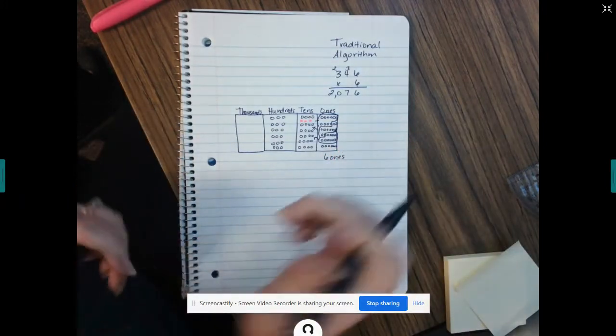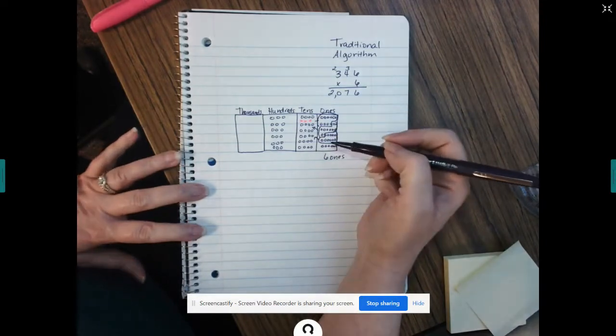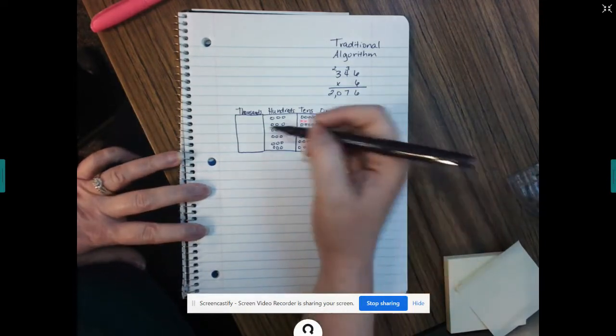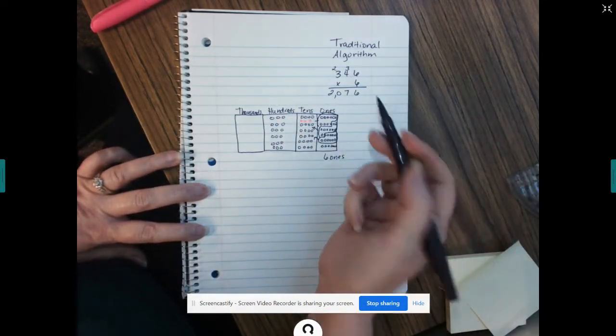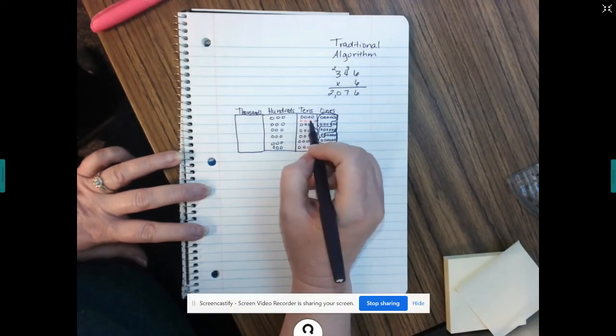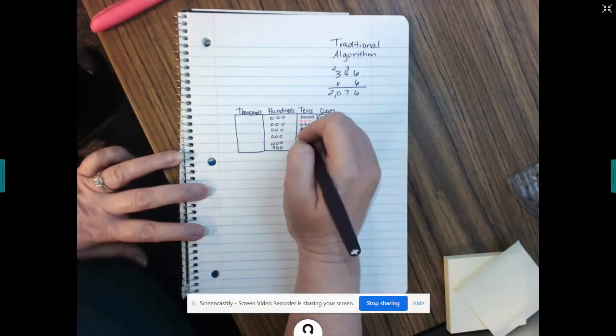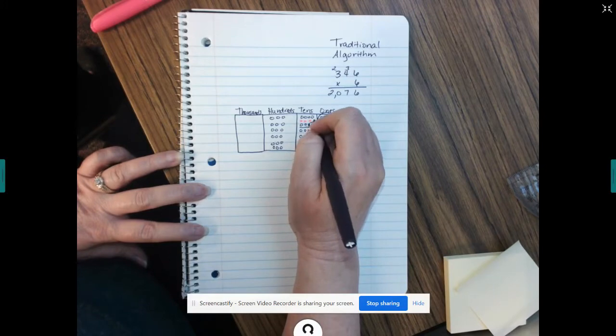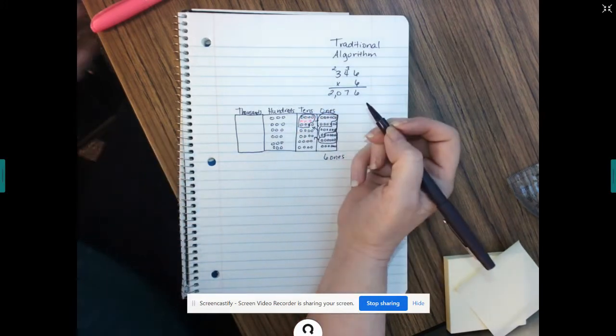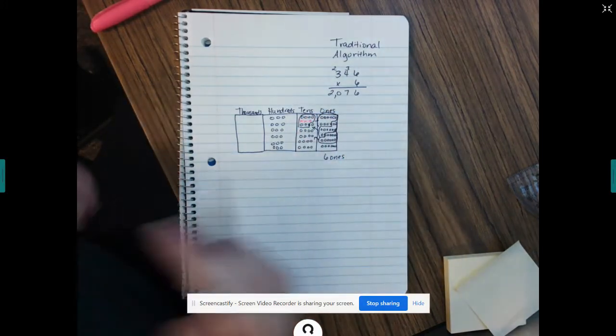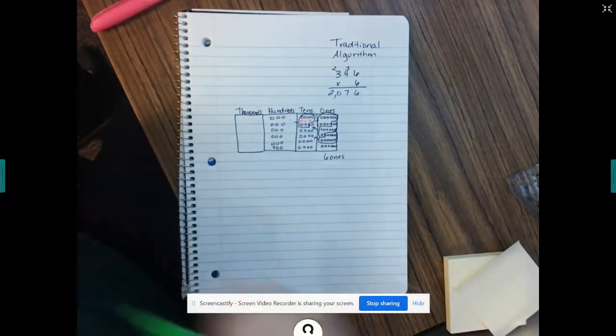Okay, so now I have too many tens as well. I know that 10 tens make 100. So I'm going to regroup here as well. I have 4 plus these 3 is 7, plus these is a 10. And 10 tens make 100. So I'm going to regroup.